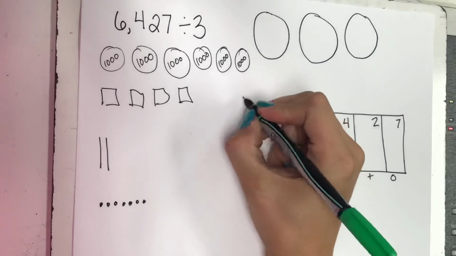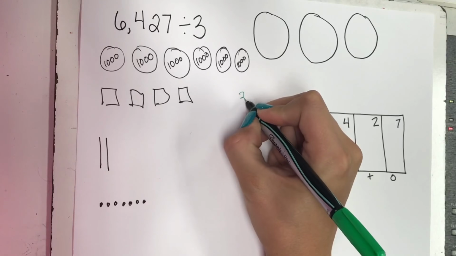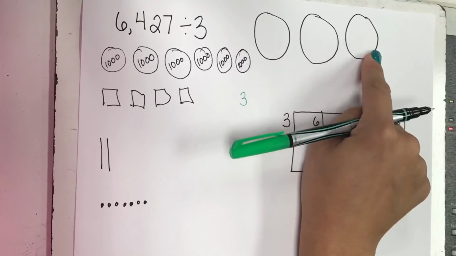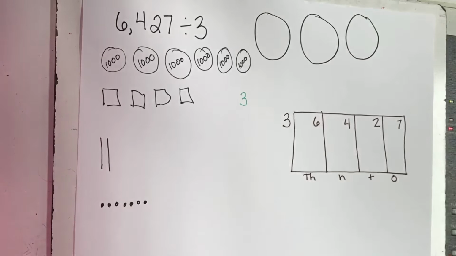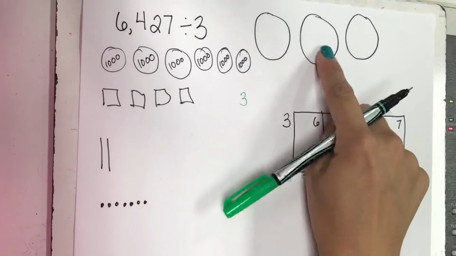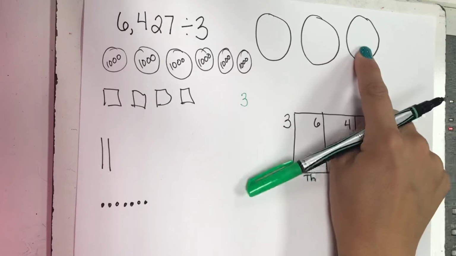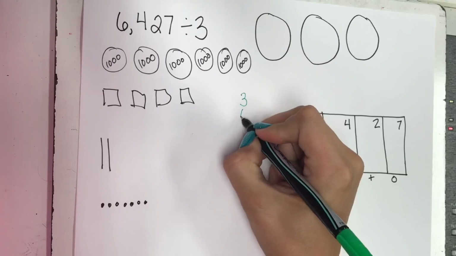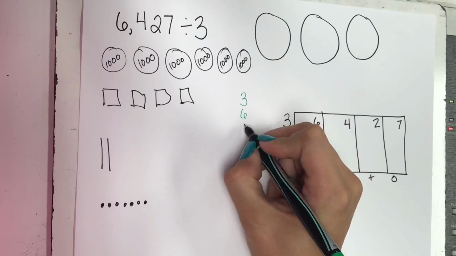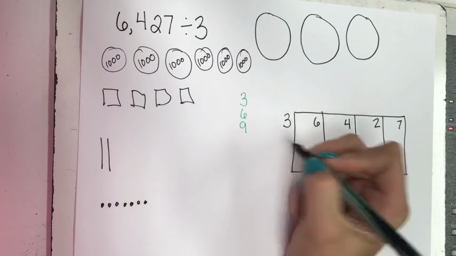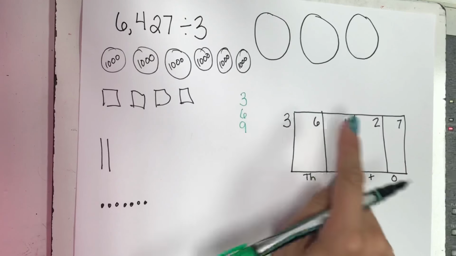Yes, sir? 6? If I give 1 to each one, oh, 3? I only use 3. If I give 2 to each one, 2, 4, 6, okay? What if I give 3 to each one? I would use 9.